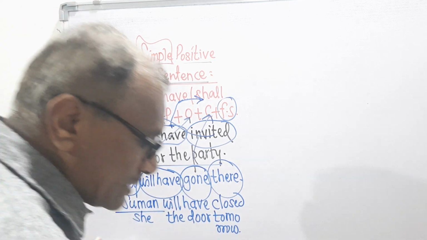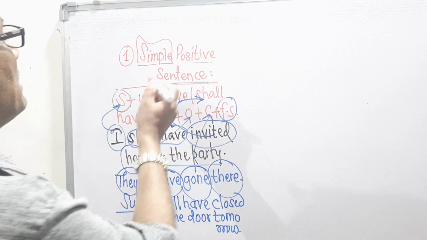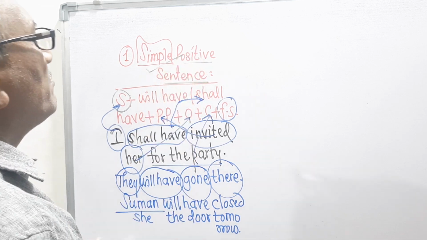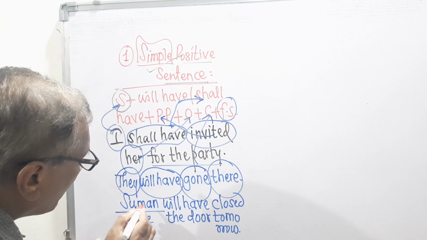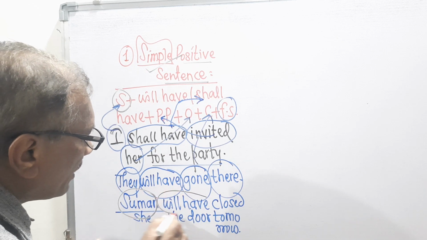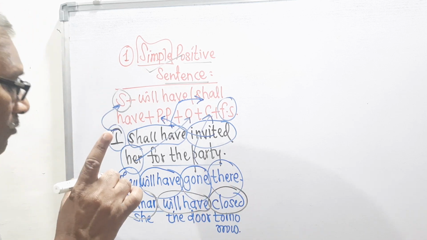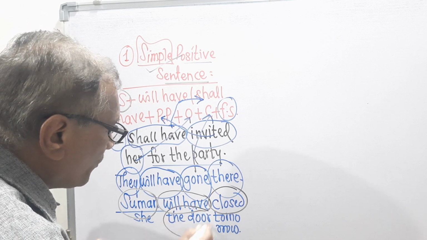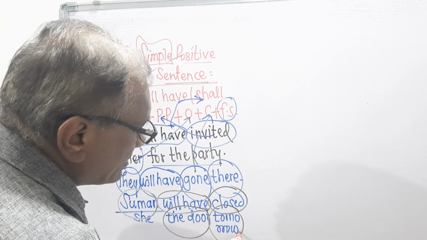So this sentence, I will tell you, is a sentence of the future perfect, and that is the simple positive sentence structure. So remember here, Suman is the subject, will have is the helping verb, closed is the verb, that is past participle, the door is the object, and tomorrow is the complement, and there is the full stop.